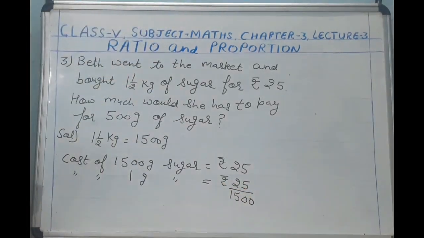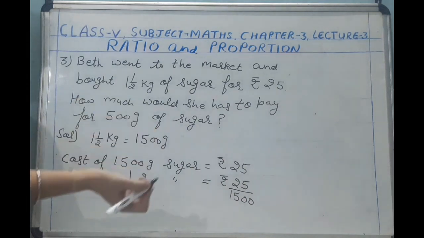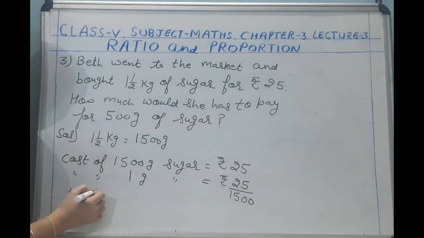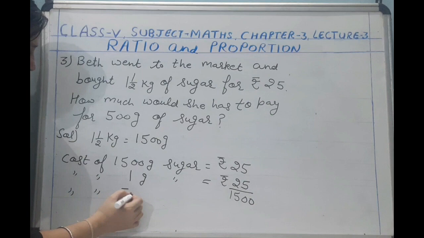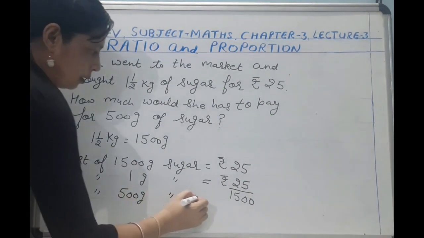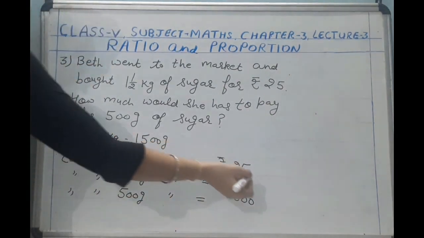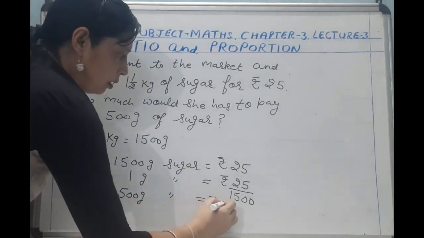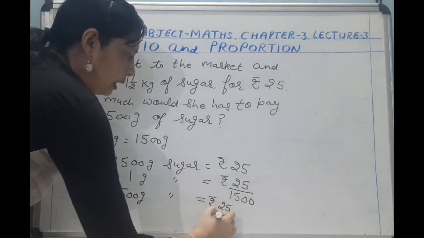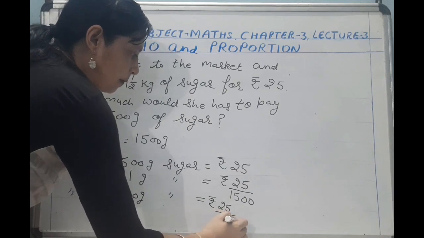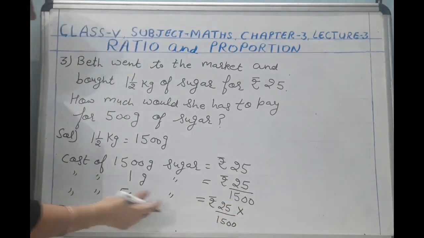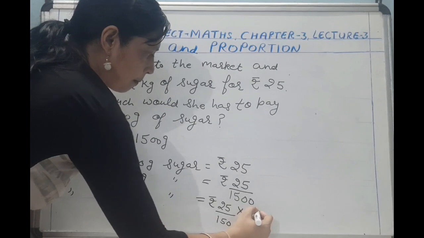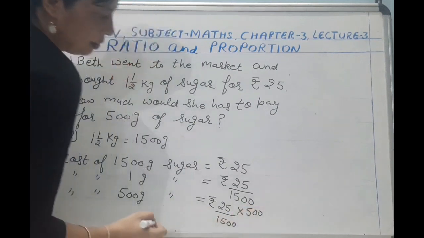If you want, you can cancel here or you can take the next step also. Cost of 500 gram sugar. In previous question we have solved here. Now we are doing in the next step. In both the ways you will get the same answer. Multiply by 500 grams. Right?